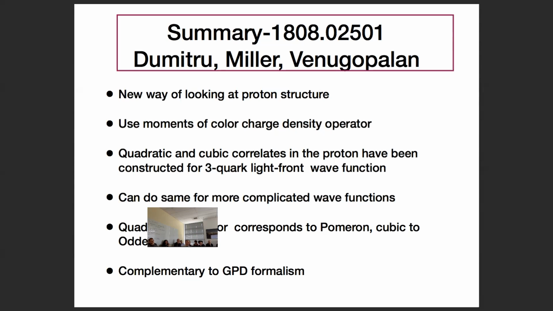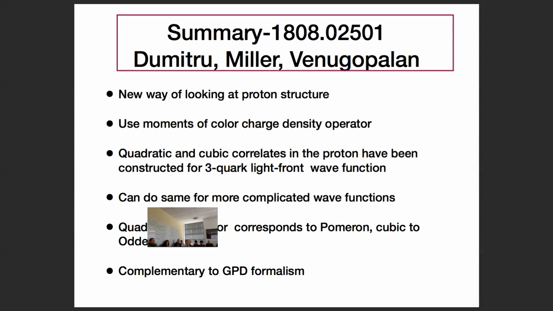Okay, parton x. We have this three-quark wave function, so clearly it's not a good picture at very low x. The wave function would not give you the correct PDFs for very low x. But you could still talk about color density correlations. Yes, that's right. This is a property independent of the probe.